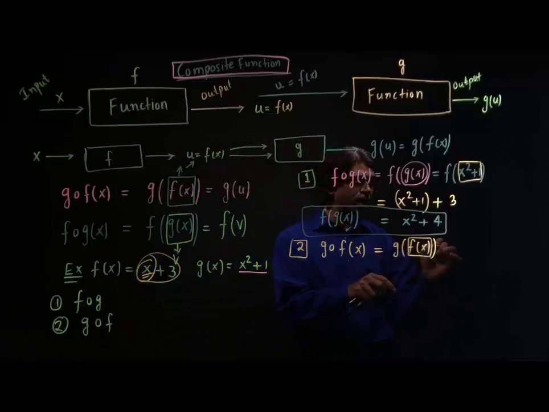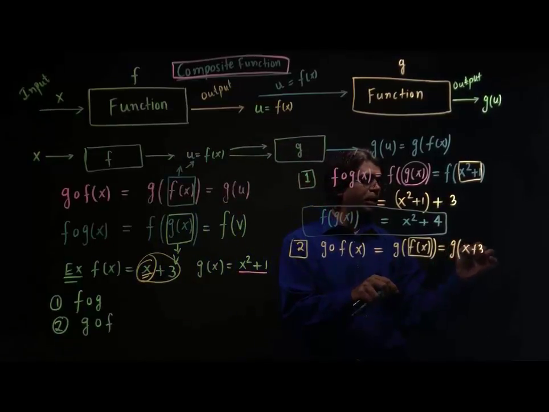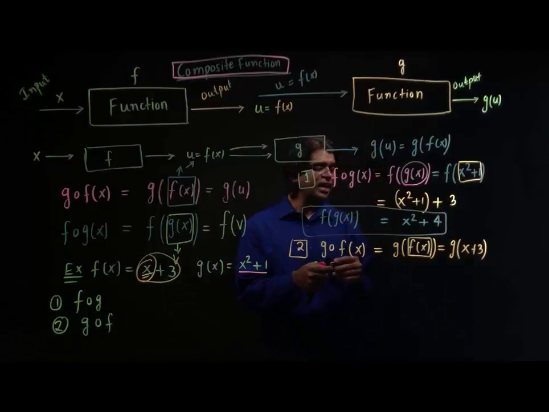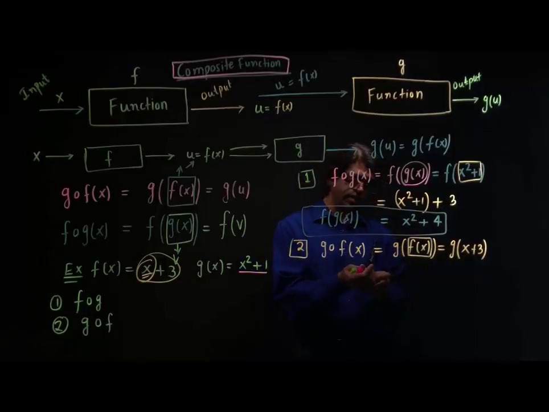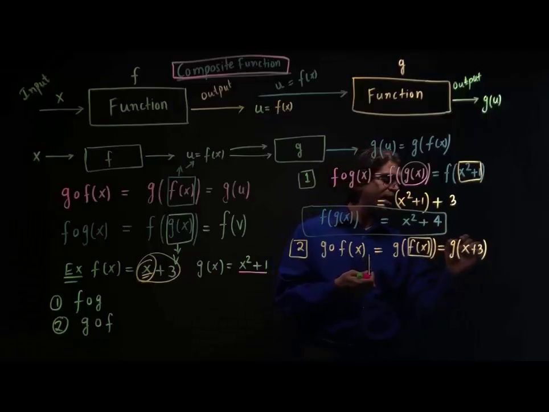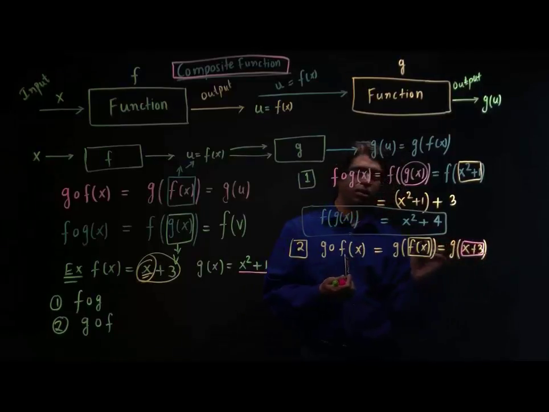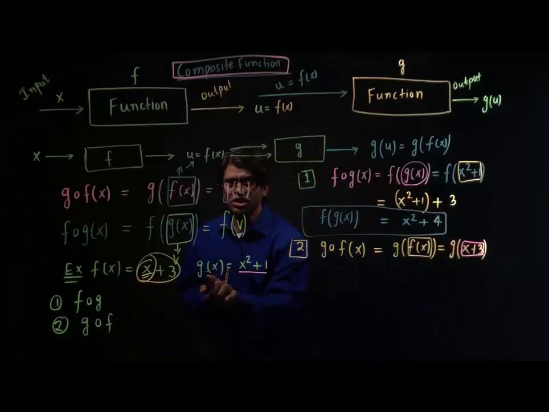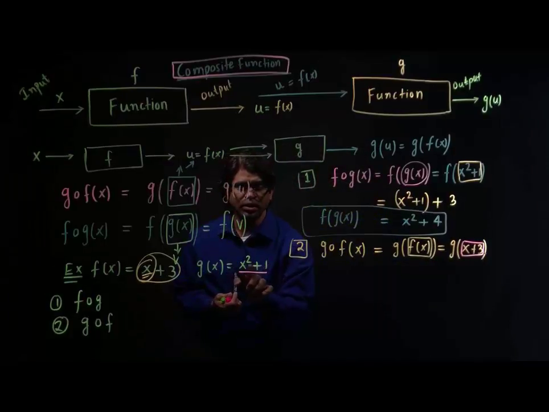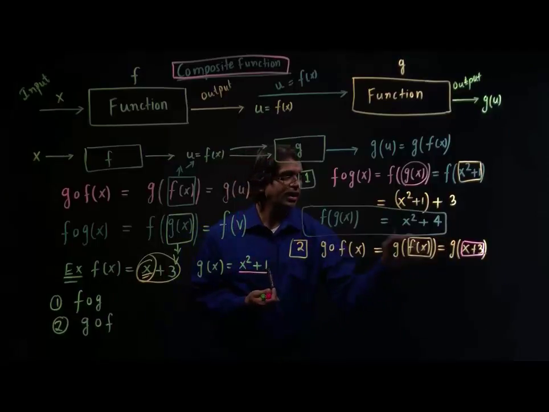So I'm going to replace my f(x) with x plus 3. Now, when I consider my function g(x), I will replace every x in the function g(x) by x plus 3. My function g(x) is x squared plus 1, so I will replace each and every x by x plus 3.